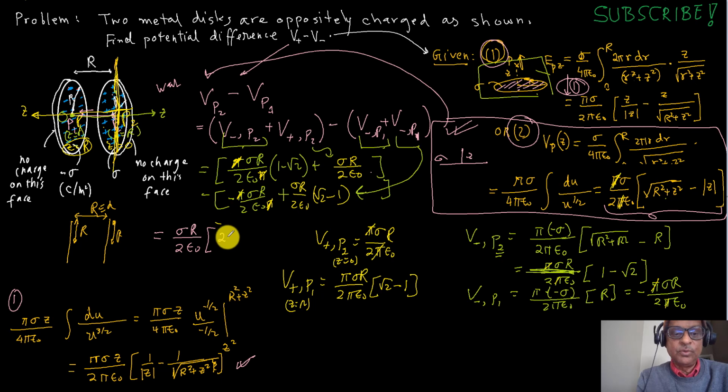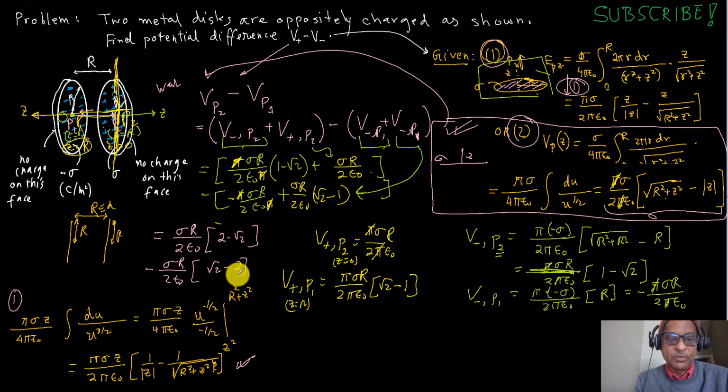That's 2 minus square root 2, and this one is minus 1 minus 1. Let's make sure, because it's very common to make a mistake in the sign here. So this is square root 2 minus 2.